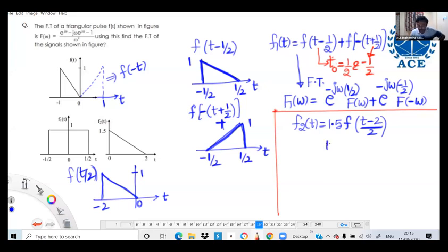The scaled signal is shifted. F of T by 2 is the scaled signal that is shifted. I have written two expressions here. You tell me which is the correct one. F of T by 2 is the signal that is right shifted by 2 units. First one correct or second one correct?